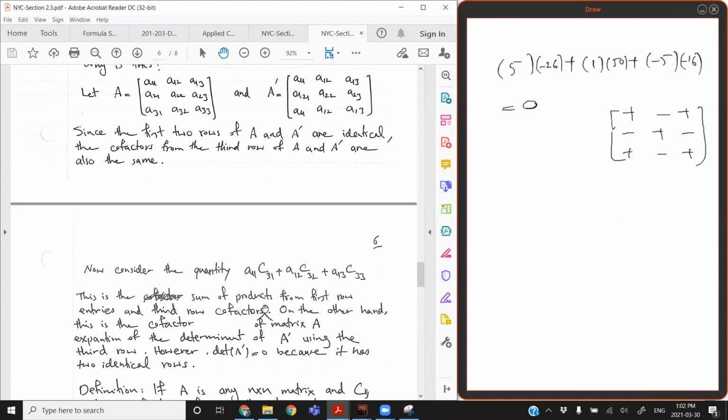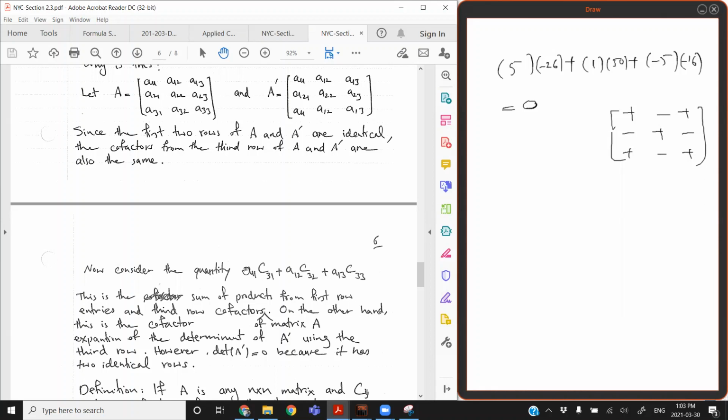This is the sum of the products of the entries from the first row with the cofactors. At the same time, we can think of it as the product of the entries from the first row of A times the cofactors from the third row. So this is the sum of the products from the first row entries and the third row cofactors of the matrix A. So that's one way of looking at it.